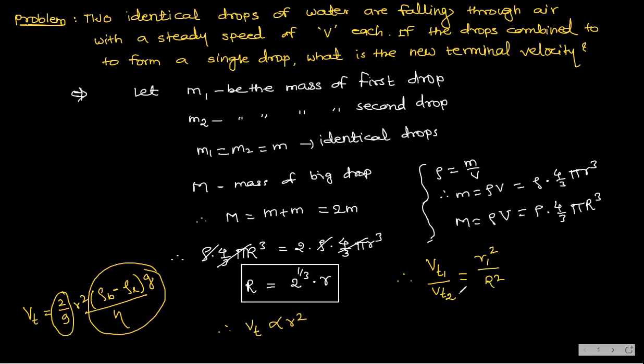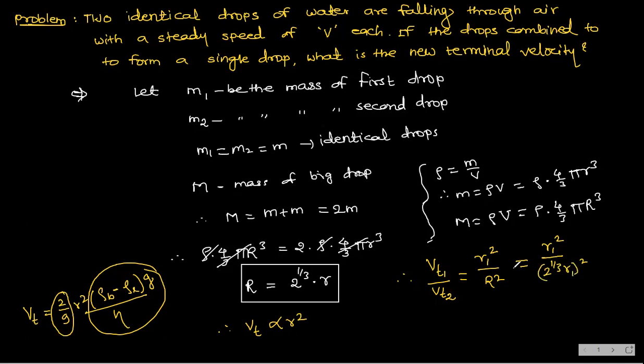Now suppose r1 square is r1 square only. This r2 square is 2 power 1 by 3 r whole square, and that's why this is r1.